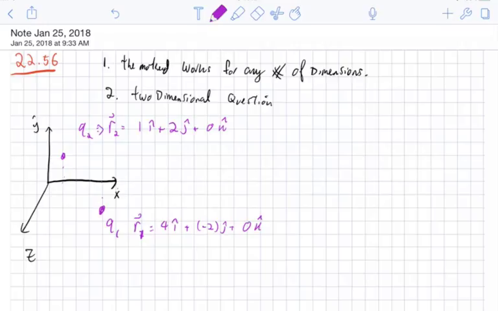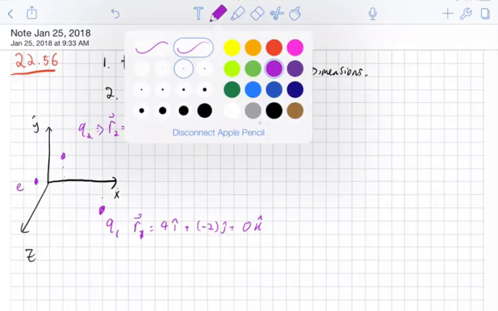Okay. So then there's an electron at minus 1, 0. So the electron is over here.